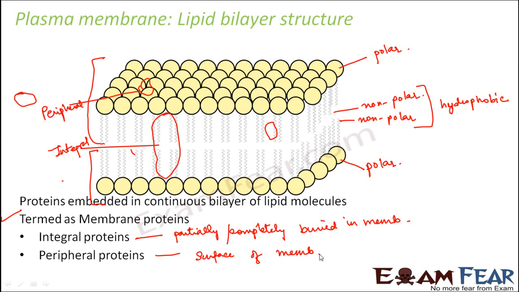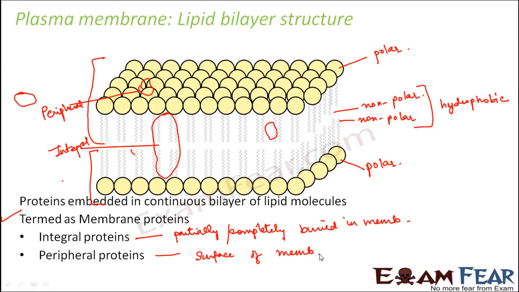Now, looking at this, you might be thinking that it basically consists of more lipids, because two layers of lipids are already present and proteins are present here and there. So maybe the percentage of lipids present in the plasma membrane is much higher than the percentage of protein, but actually that is not the case.